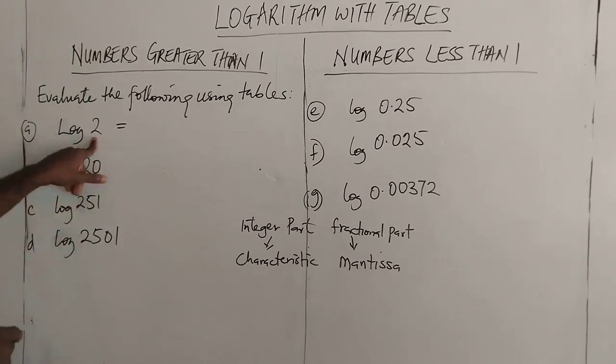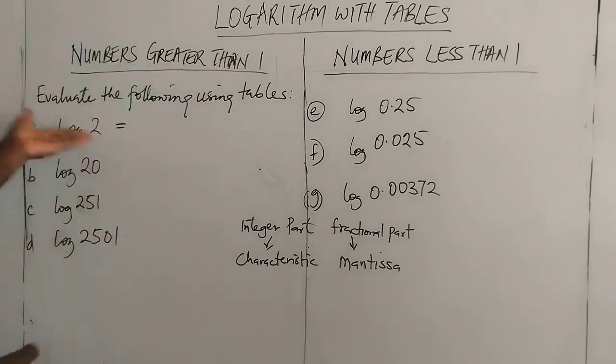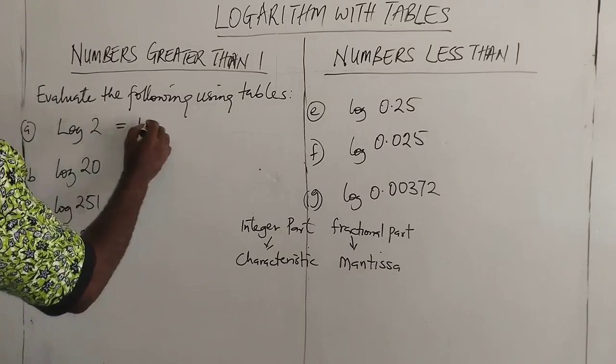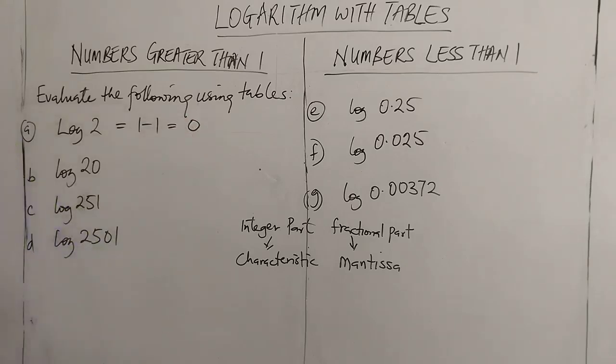Because this number has only 1 digit in its integer part, because it's just a whole number 2, the characteristic will be that number of digits, which is 1, minus 1. So the characteristic is 0.